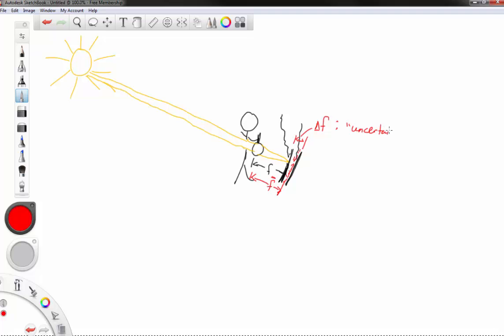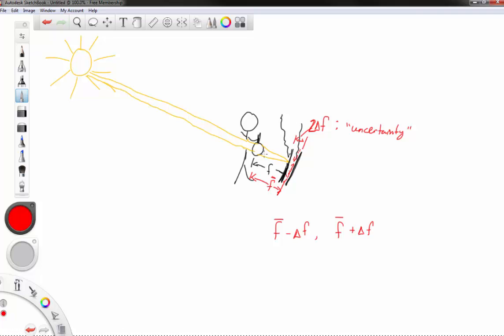And actually, this is twice the uncertainty, because your range over which you get this smoking is basically F minus delta F to F plus delta F. So if you hold the board any distance between this one and this one away, you will notice that it smokes, or you will notice that you have the smallest spot size.